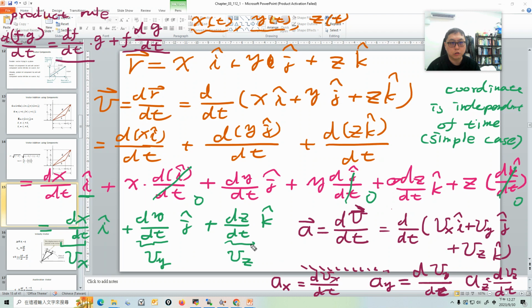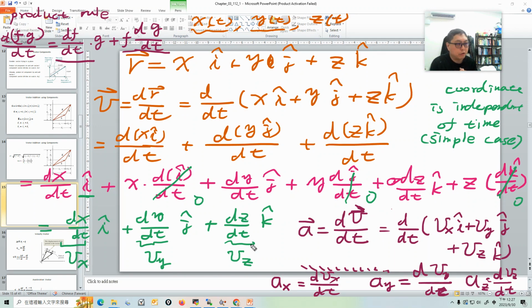You can treat the motion independently, dealing with each component in each direction. That's very good, because it really reduces the difficulty of problems.